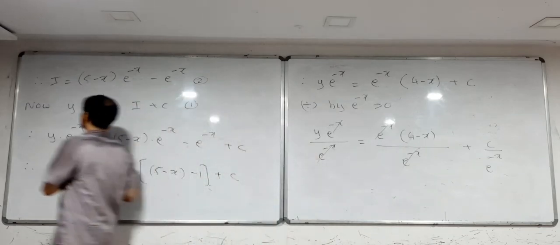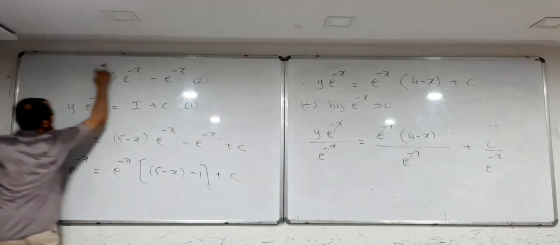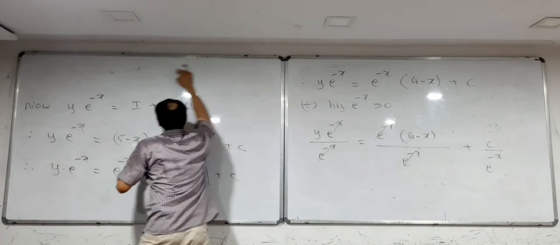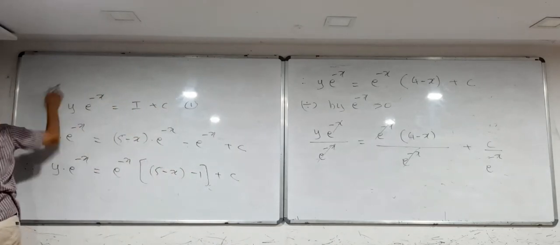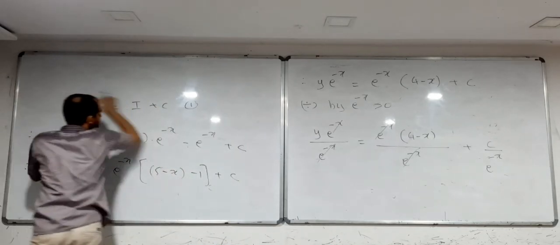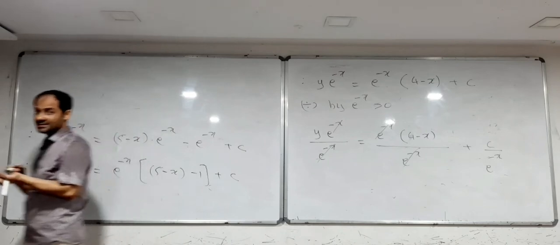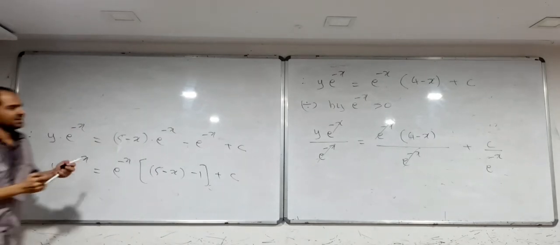So y is equal to 4 minus x plus c into e raised to x is the equation of the curve where c is the arbitrary constant.